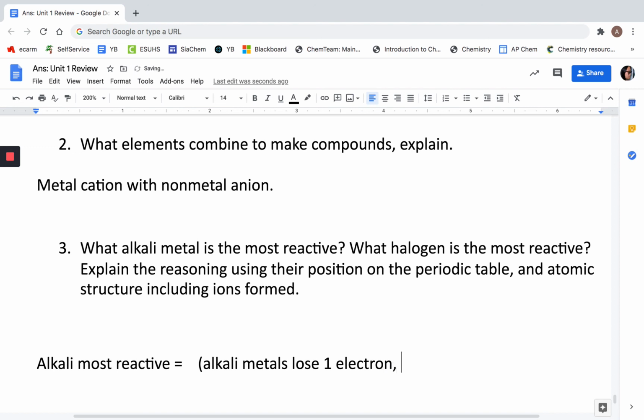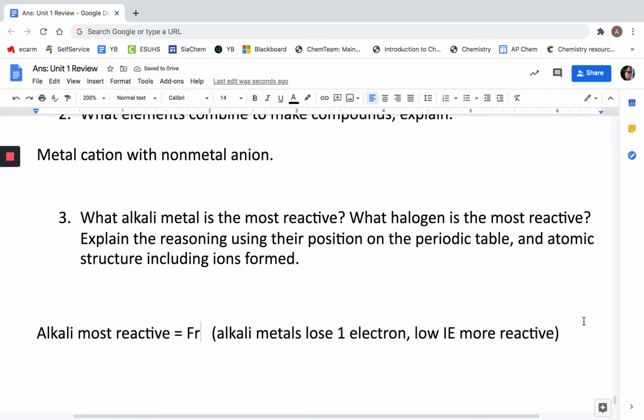Okay, so that means it has low IE, more reactive, right? Because we're saying losing. The less energy you need to input to lose it, the better. So therefore, the lowest ionization energy is francium, Fr.